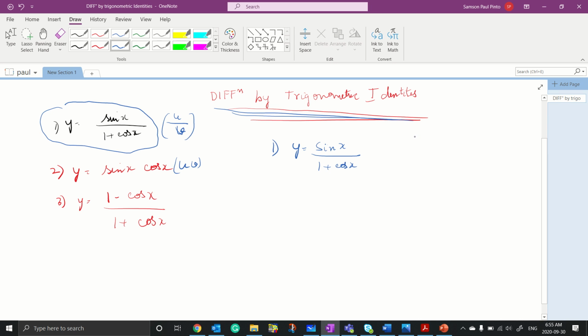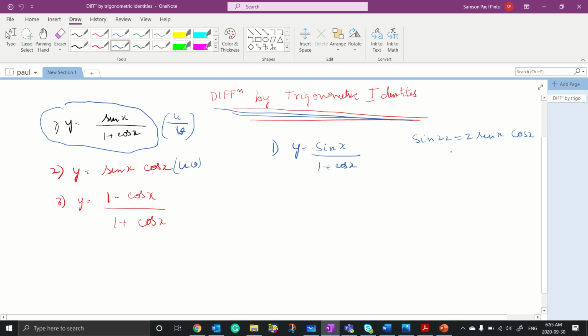You just understand two formulas that you are supposed to know. The first formula is sine 2x. Sine 2x is nothing but 2 sine x cos x. Now how do I use this formula here?